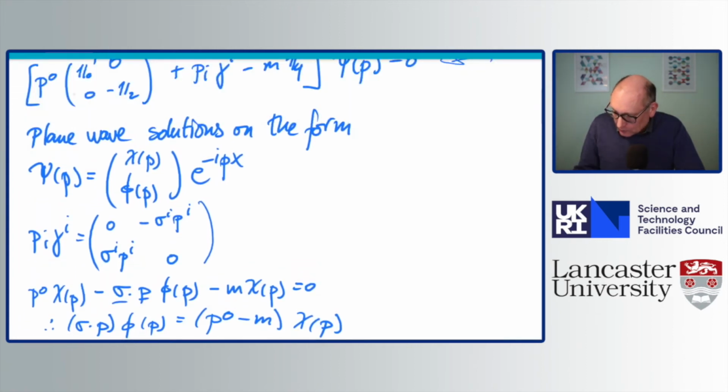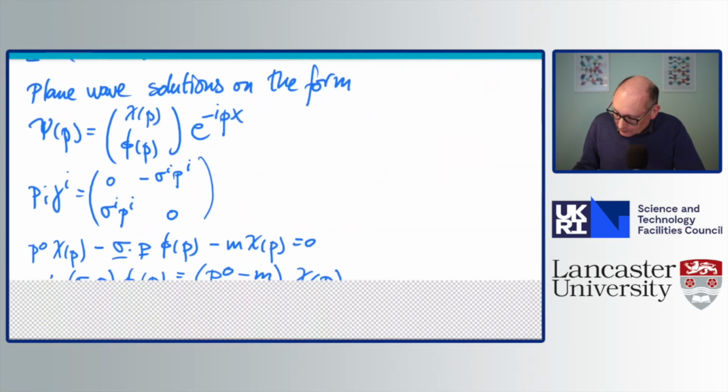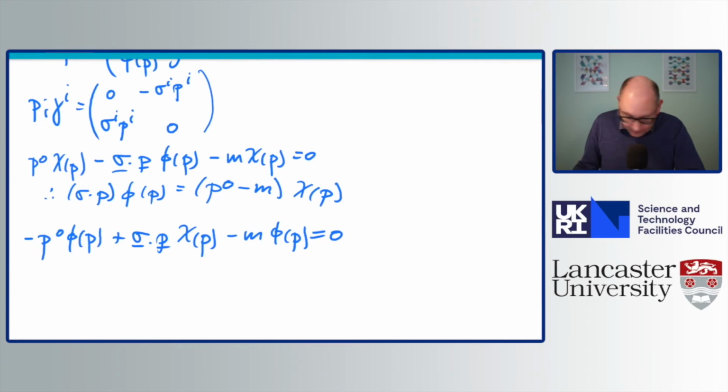That's simply what you get from the lower half here: p naught minus 1 times the lower phi, plus the contribution from pi gamma I, minus m times the identity. Good. So therefore, sigma dot p on psi of p is equal to p naught plus m phi of p.